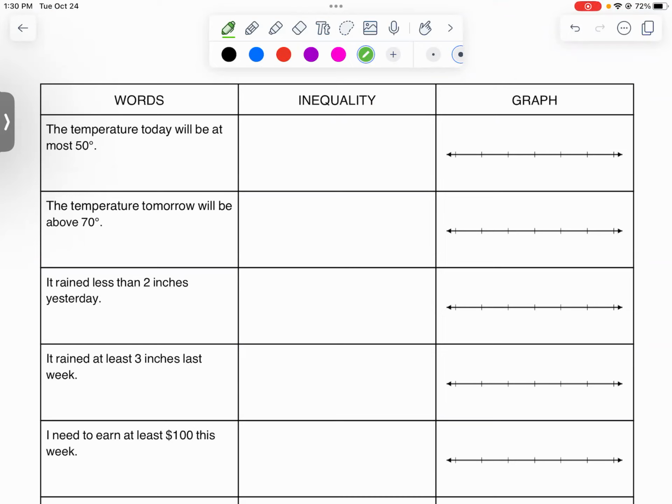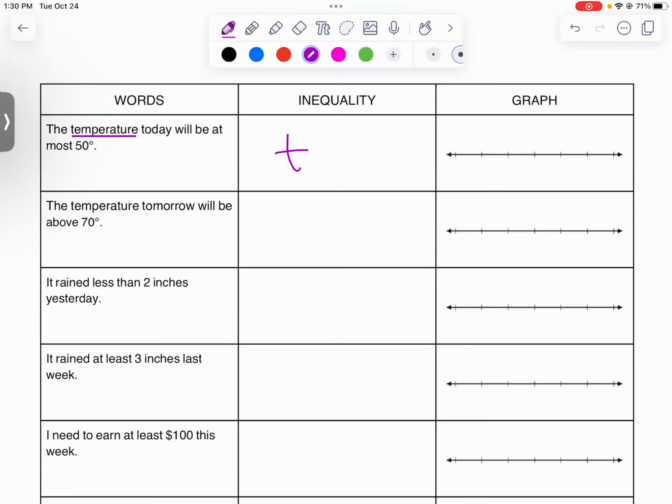Okay, the temperature. Since we're talking about temperature, I'm going to use T for my variable. Does it matter? No, but that's what I want to do. The temperature will be at most 50 degrees. At most.